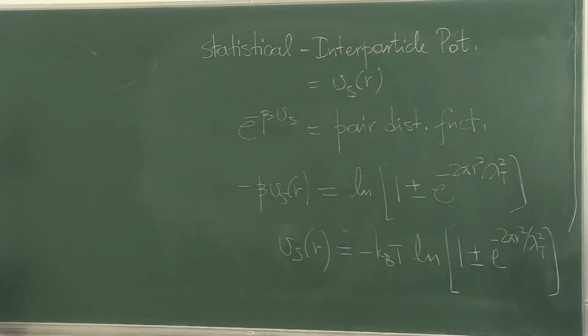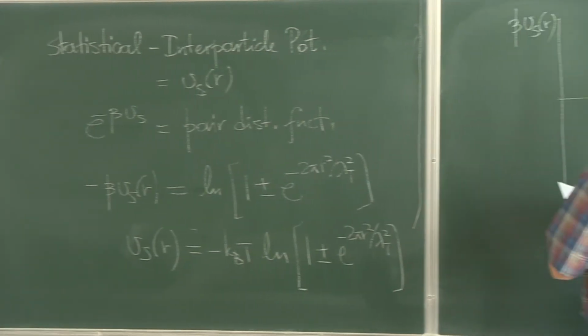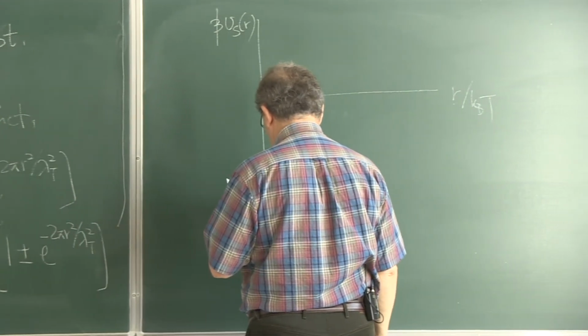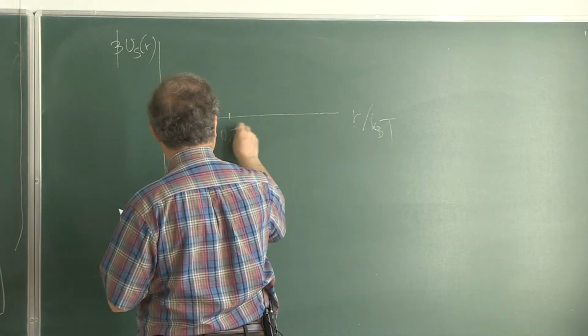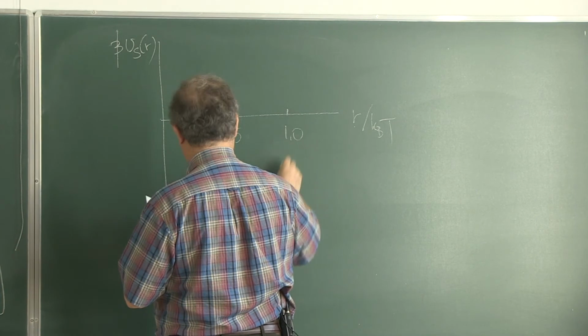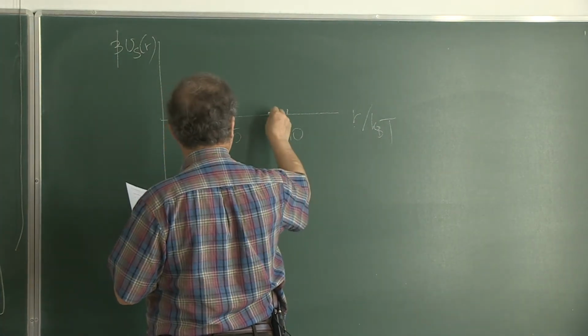If we plot this function, we see the following. As a function of distance between particles, beta times statistical potential of R, over kBT. Here is 0.5, here is 1, something like this.